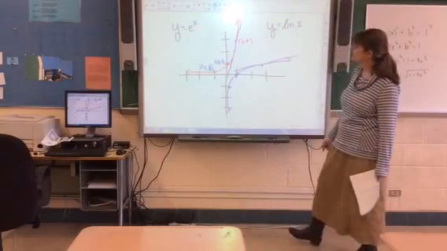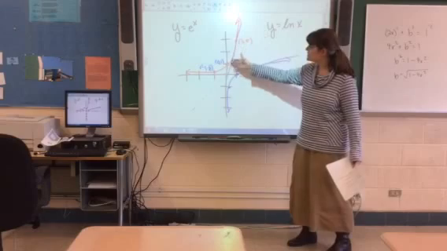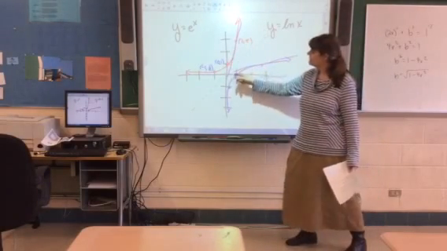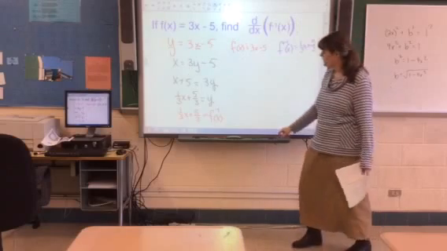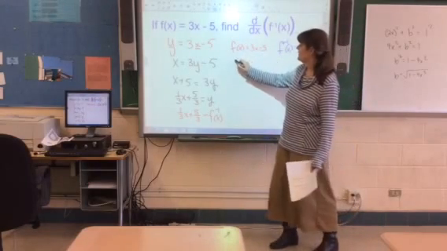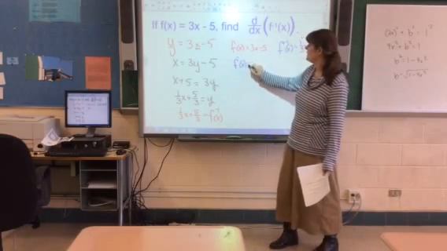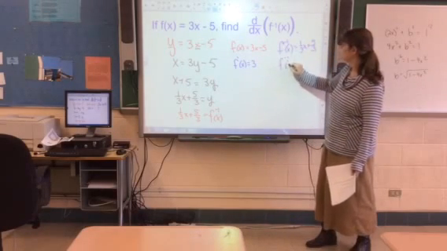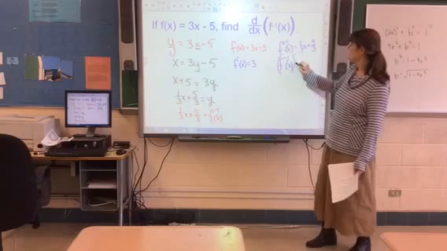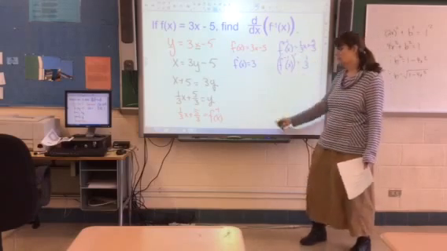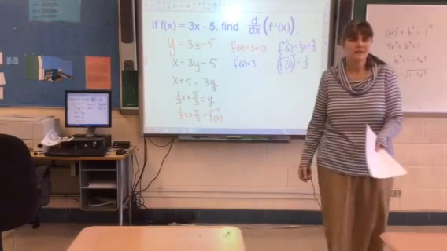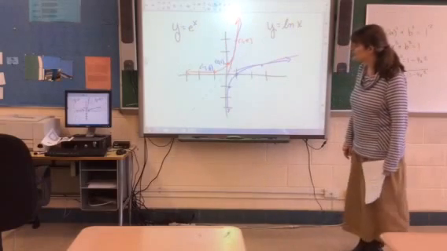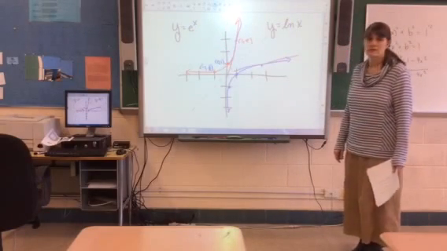Here, our question was, how does the slope of this line relate to the slope of that line? Let's look at this specific example. f prime here is 3. f prime here is a third. It appears that the slopes are reciprocals. Does that seem to make sense here? I think so.